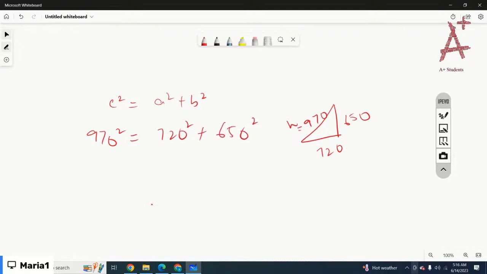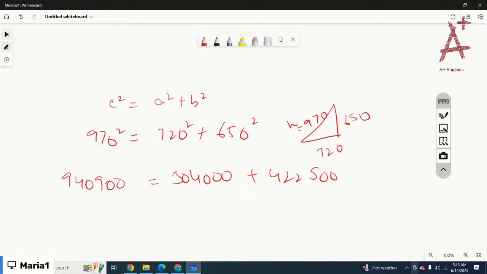970 times 970 is 940900. Just calculate 720 square. That would be 518400. And then 650 square, that would be 422500.